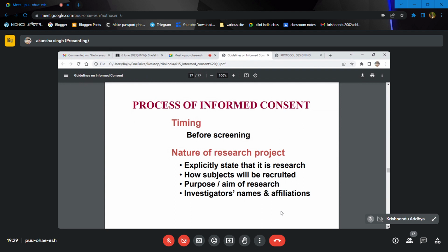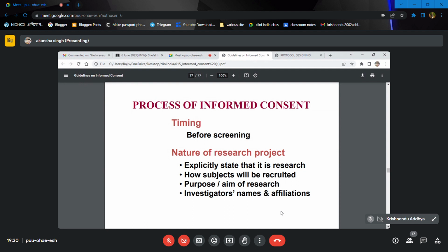They can use their data also, or some camps can be organized. Through a camp you can recruit the subject. You can give the information that we are doing certain research, so you can come for the trial. From there you can get a database, or you can have call centers.